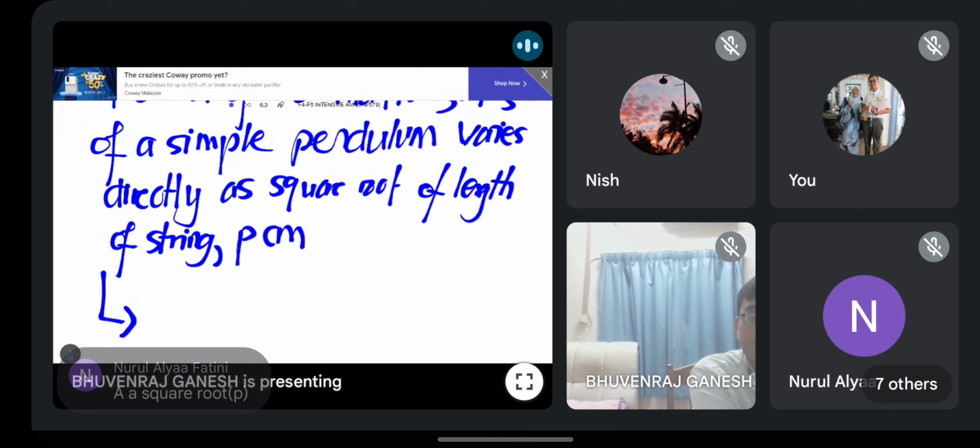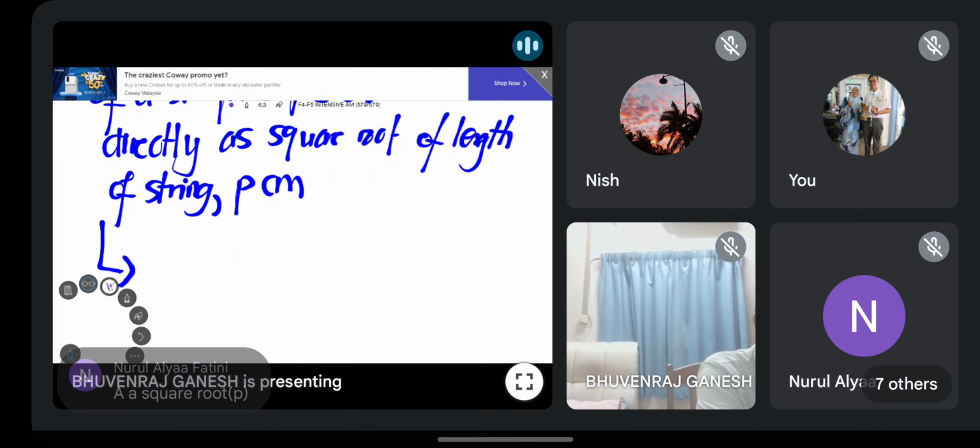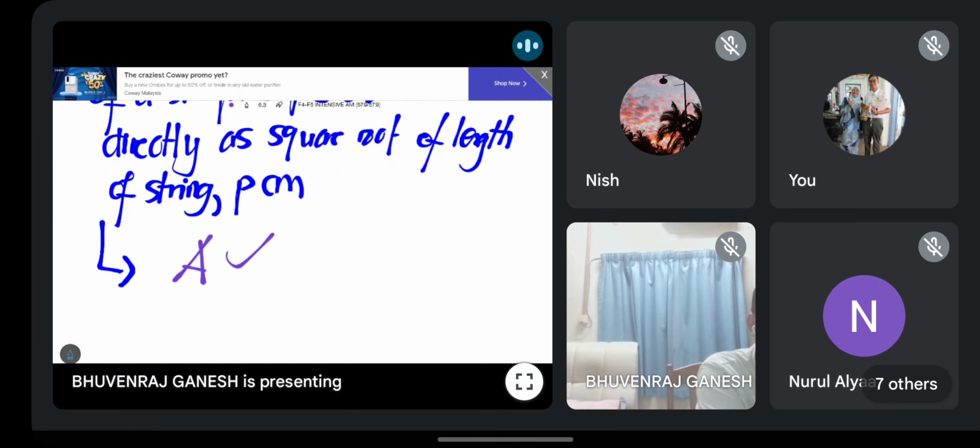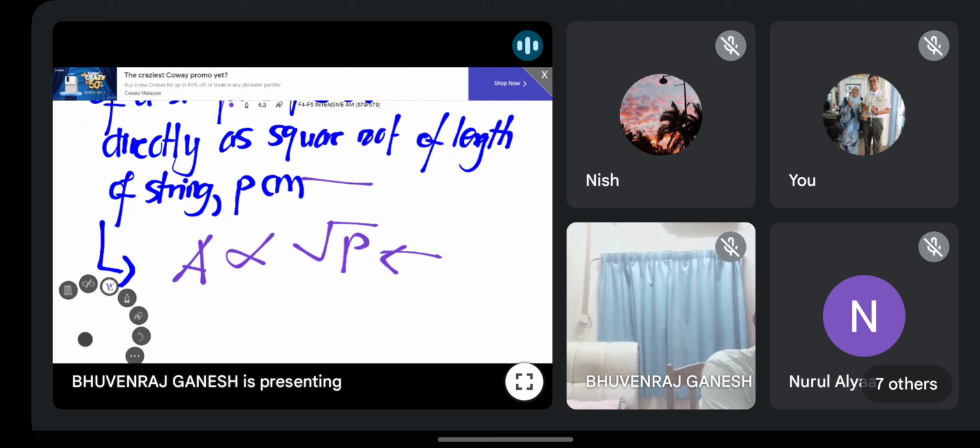What will you write? Yes, correct. Okay, A berkadar langsung dengan punca kuasa 2P. So this is the first information you must come out with. Soalan takkan bagi yang ni. Soalan akan tulis yang ni semua. So you must know how to convert from words into variation. Okay, so this is what we call as ubahan, variation.